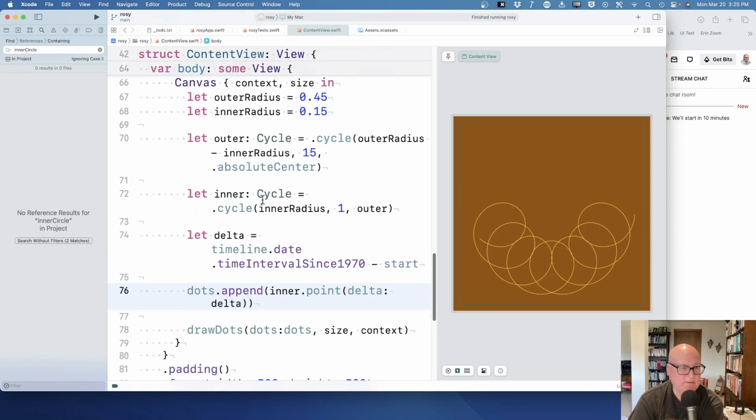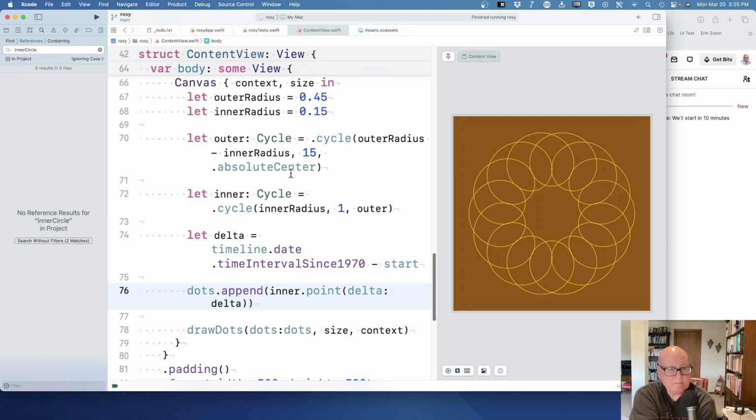Now, this can definitely be set up outside somewhere, but I think that describes... Okay, the outer circle is a cycle around outer radius minus inner radius, so it's that sort of centerpiece point.